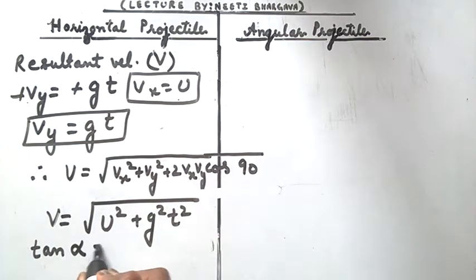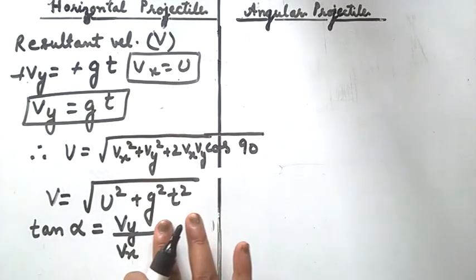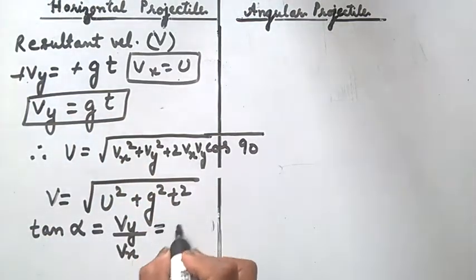Here b is Vy, sine 90 is 1, a is Vx, and cos 90 is 0. Therefore, we get Vy upon Vx. Vy equal to gt and Vx is u. Therefore, tan alpha is equivalent to gt by u.